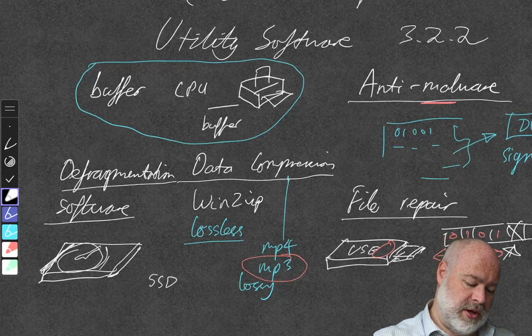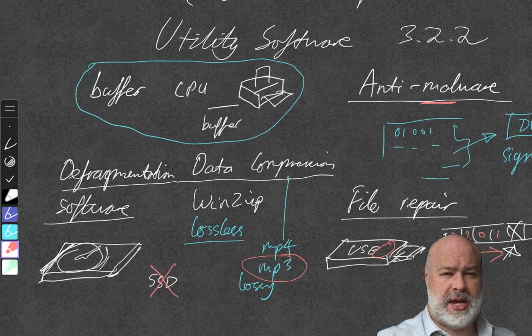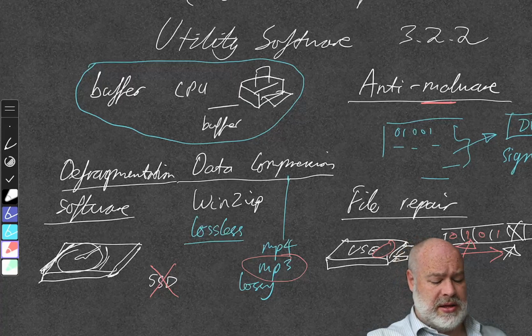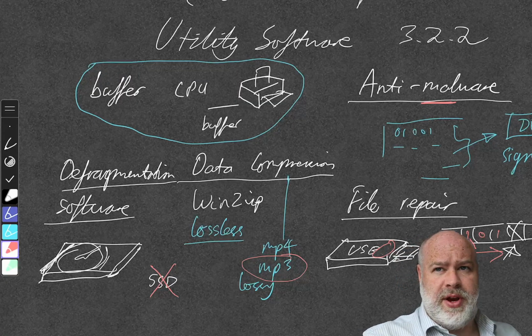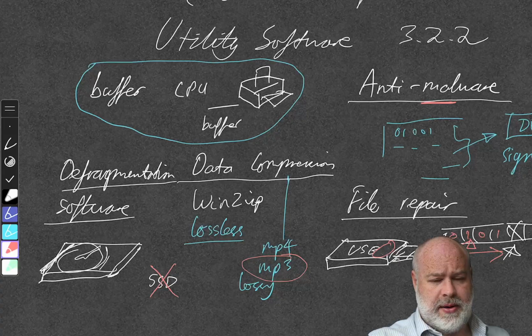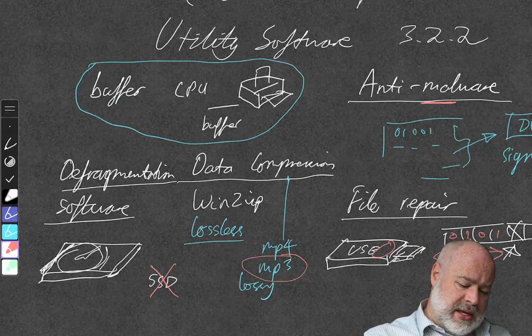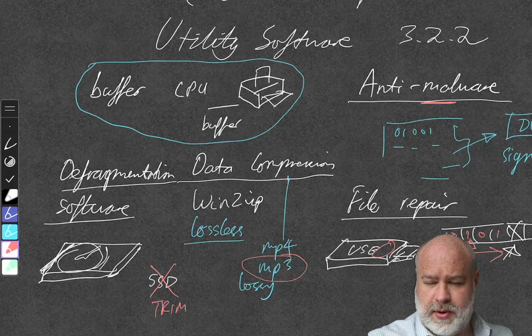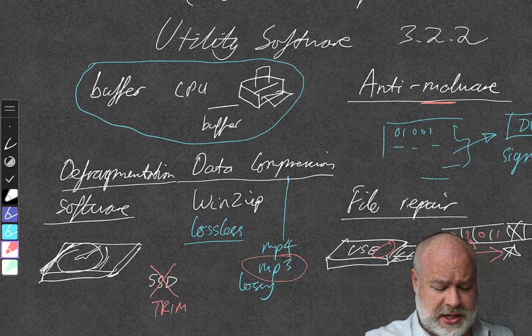So you're not going to be defragging on an SSD. Why? Because it has no moving parts and all the data is stored electronically, so read and write is not going to be affected as much. And SSDs use things like trim, which is a different way of doing it, and that's not in Edexcel, by the way. That's just a little bit of context and general knowledge.